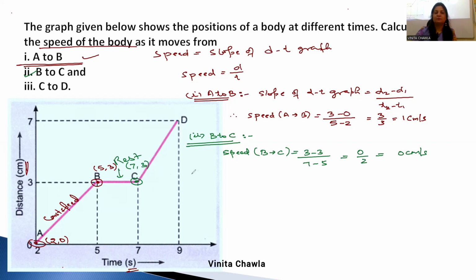Next, from C to D. What are the coordinates of this point? 9, 7. Again, we'll find the speed by taking the slope of the DT graph.